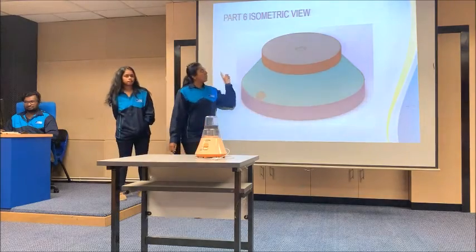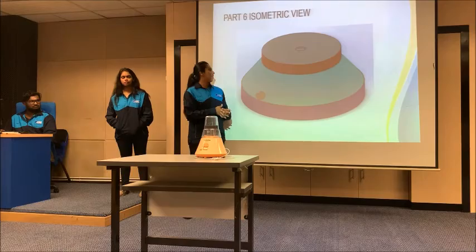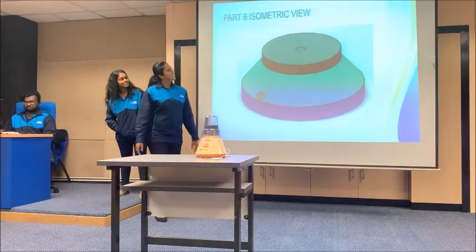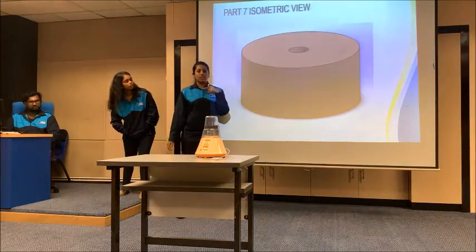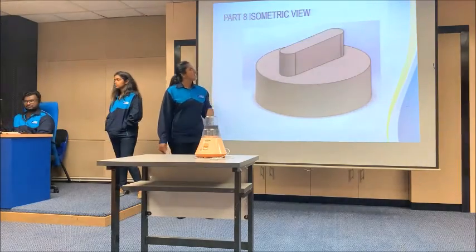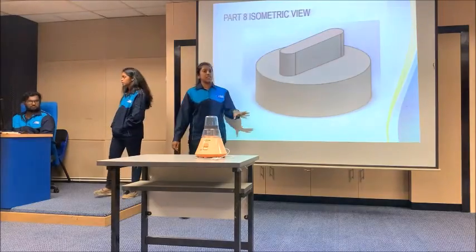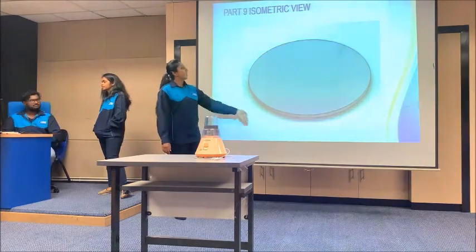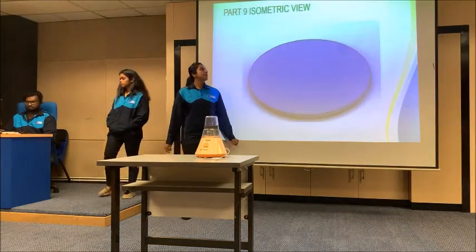Okay, this is our part 6, isometric view of our base. And it can also be said as our blender body. This is a rubber stand which sits inside our blender. Block. Yeah, block. Okay, this is our part 8, which is our switch. This is the last part, our basement overall for our blender.